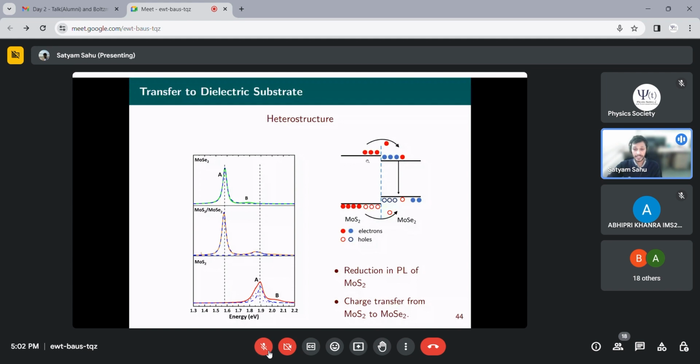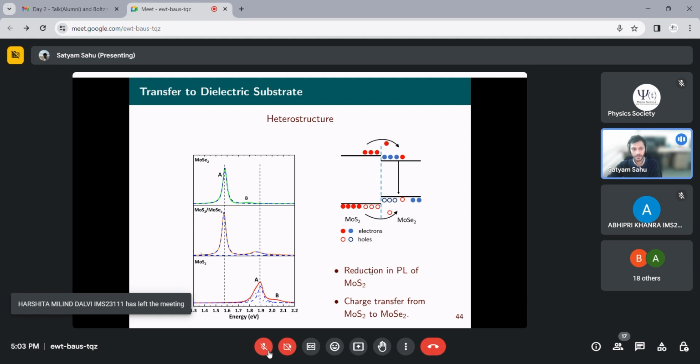And similarly, the excited electrons that were in the conduction band are also moving to the MoSe2 side, which says that not many electrons and holes will be there on MoS2 to recombine with each other. And that's why you see the very low photoluminescence here. On the other hand, more of the electrons and holes are coming to the MoSe2 side. So that means you have more carriers in MoSe2 side than the bare MoSe2, and that is why you see the enhancement in the photoluminescence or emission here.